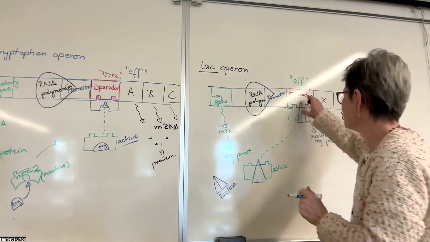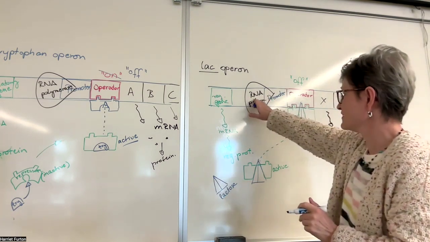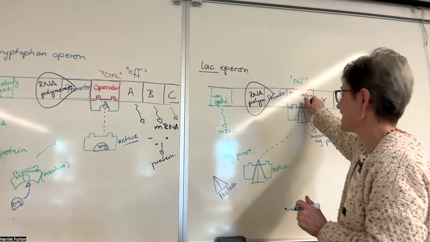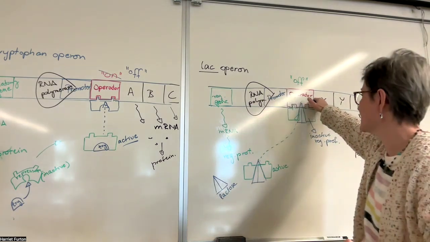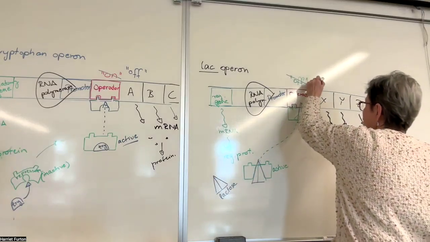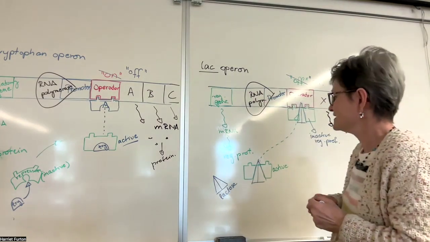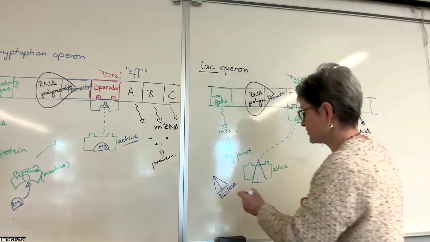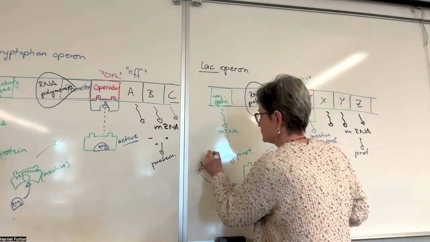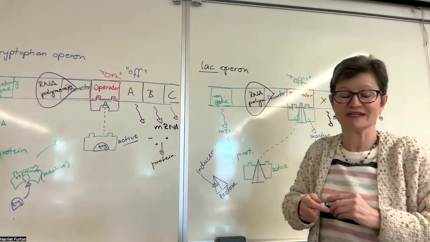It will not bind at the operator region, so it will let the RNA polymerase go through the promoter region and operator region and start to transcribe the X, Y, and Z genes. So it's going to turn on the operator. It will be able to go on. This is an inducible operon. The lactose is going to be the inducer to start the RNA polymerase doing its transcription.